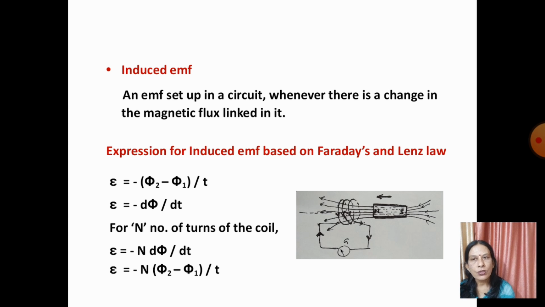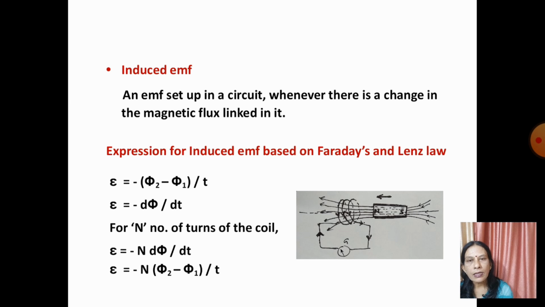For the expression of induced EMF, we have already done it in Faraday's and Lenz's law. This EMF is given by minus phi 2 minus phi 1 upon t. Phi 2 minus phi 1 means the change in the magnetic flux, phi 2 the final and phi 1 the initial, upon the time duration in which that flux is changing.